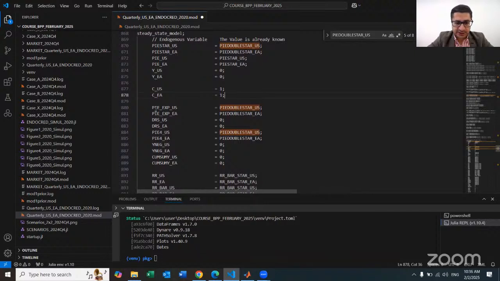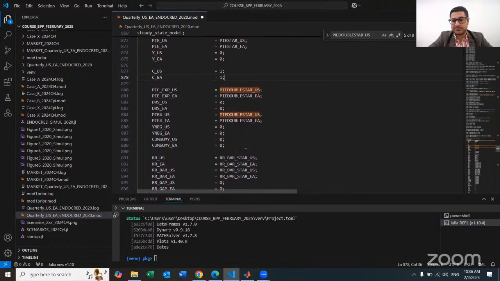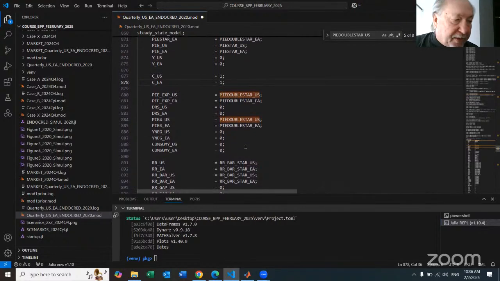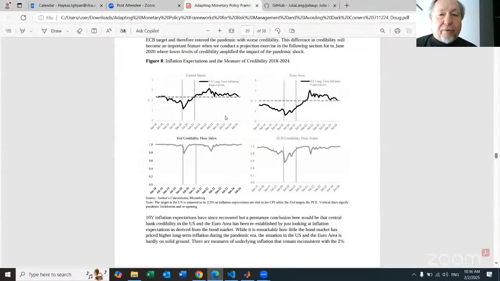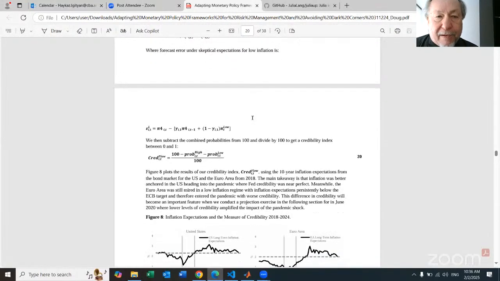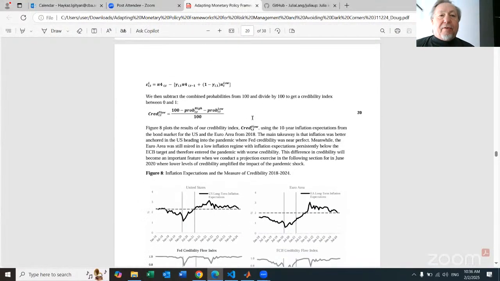Inflation expectations, again, just to be clear what's going on here. In the euro area, the long-term inflation expectations were at most 1.5 before COVID, and then in the early phases of COVID, they actually ratcheted down further.